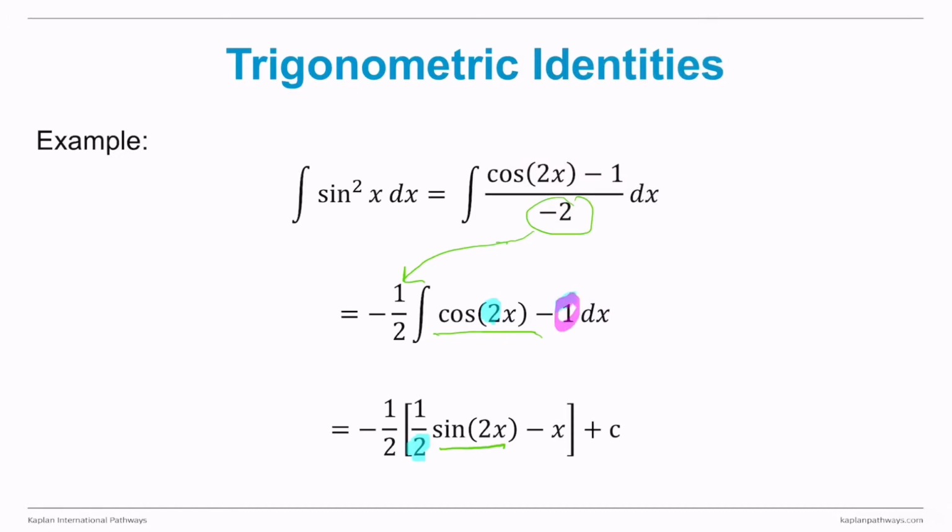It's 1x, so the integration for a constant is x plus c. So as a final answer, minus half times 1/2 is minus 1 over 4 sine 2x minus x plus c. That's it.